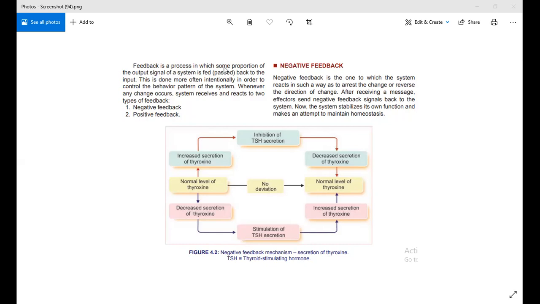Now, why does this happen? This is done more often intentionally in order to control the behavior of the system.